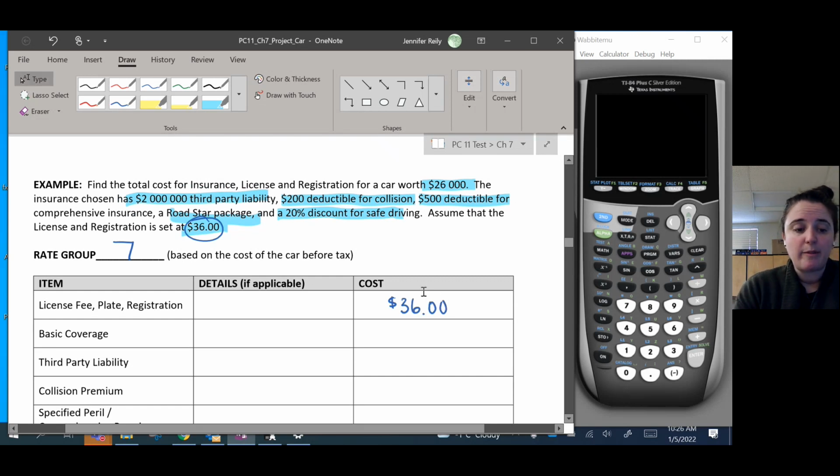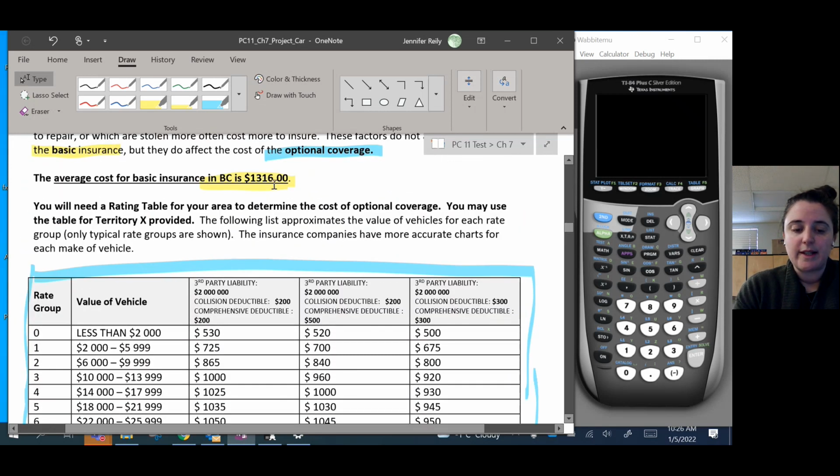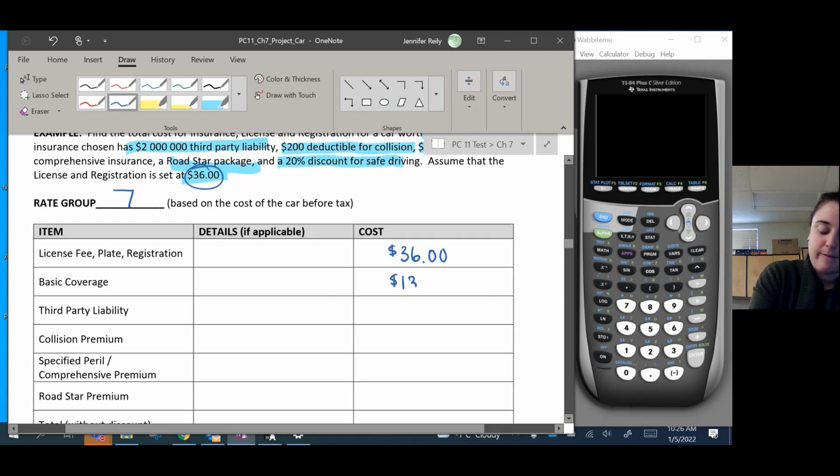Basic coverage, so that's what everybody pays. That was highlighted in yellow here. So that's $1,316. So that's before all the optional stuff. Third-party liability. So here we did $2 million. Collision premium, we did $200 deductible.